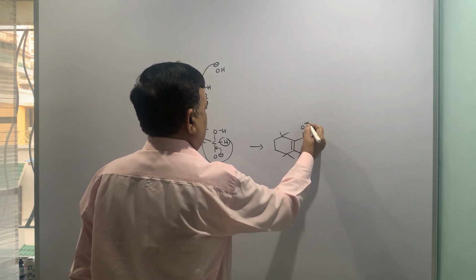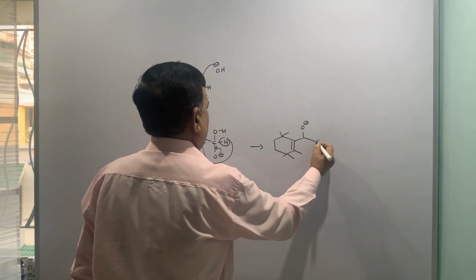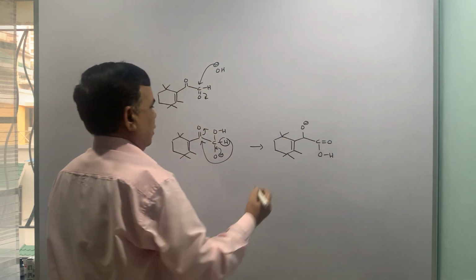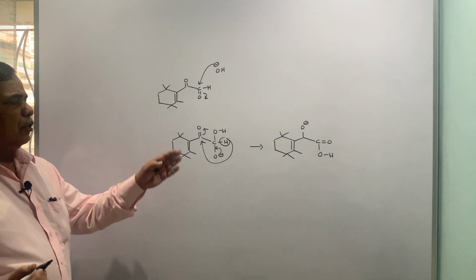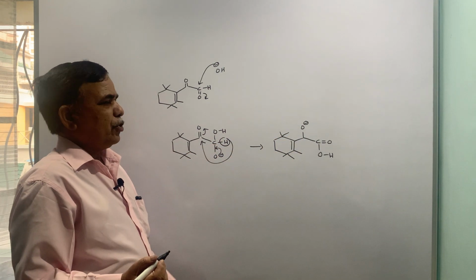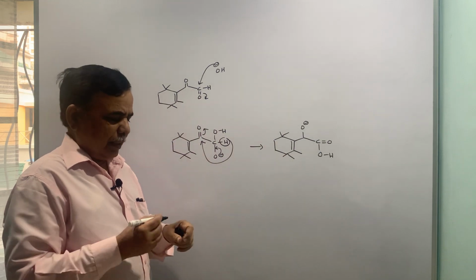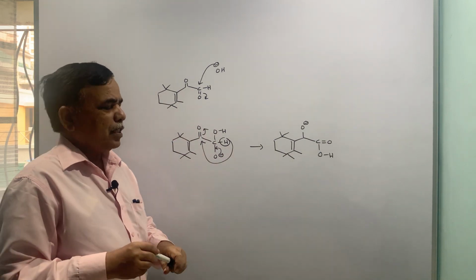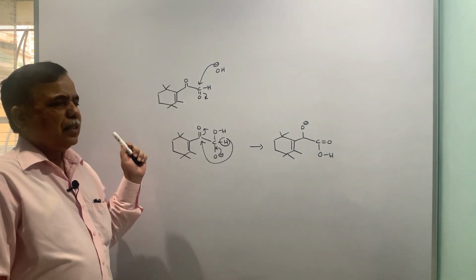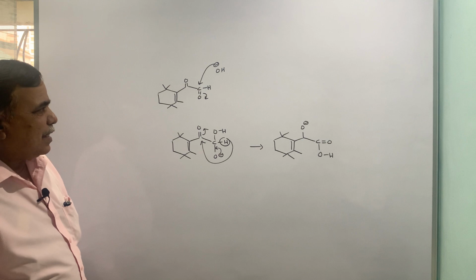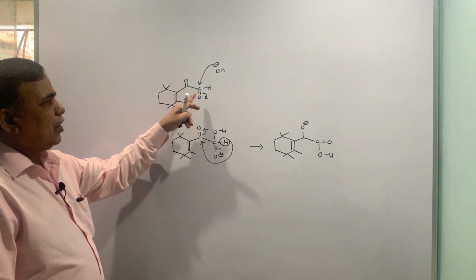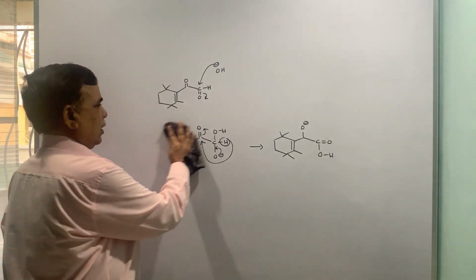So, this becomes O minus, eventually it will take up the proton, and we will be getting the alcohol here. So, ketone becomes alcohol, that is reduction, aldehyde becomes acid, that is oxidation. This is your famous Cannizzaro reaction, to be precise intramolecular Cannizzaro reaction, wherein you will be getting the reduction of one functional group and oxidation of another one.